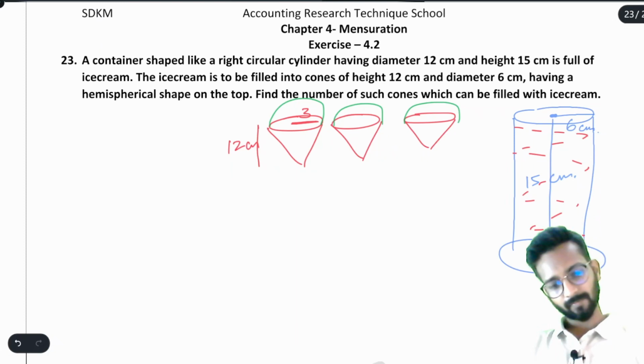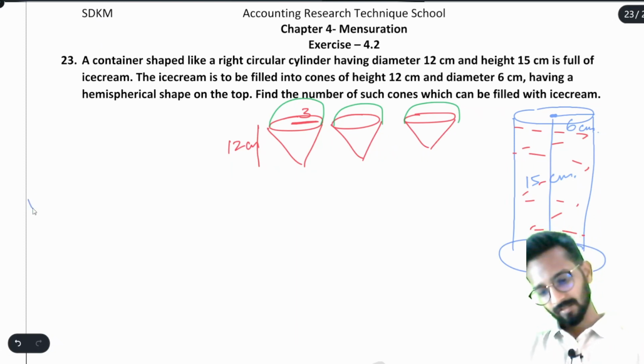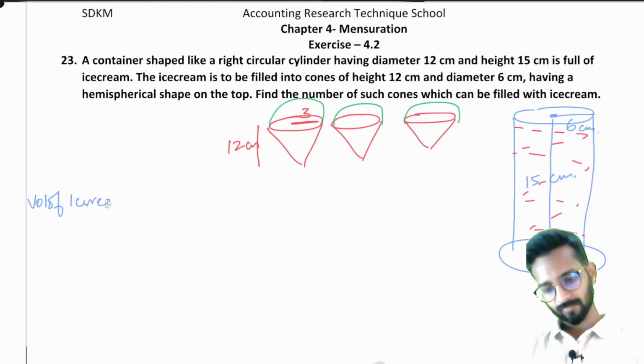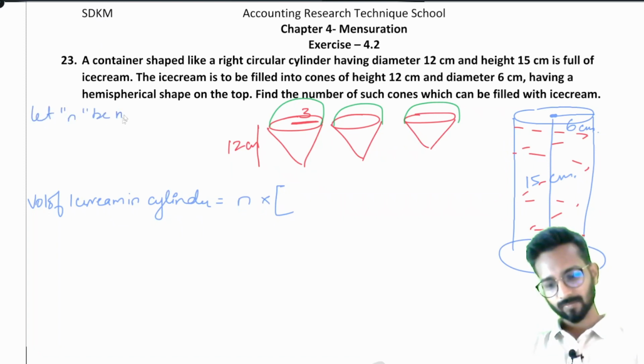See, very simple. It means the volume of ice cream in the cylinder is equal to the number of cones. Let n be the number of cones. Now n multiplied with the volume of cone plus the volume of that hemisphere.